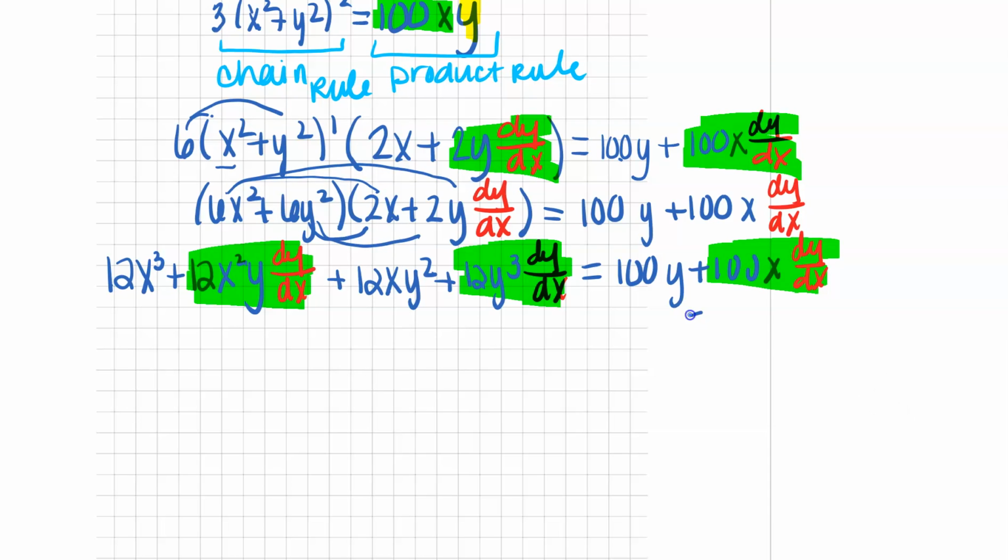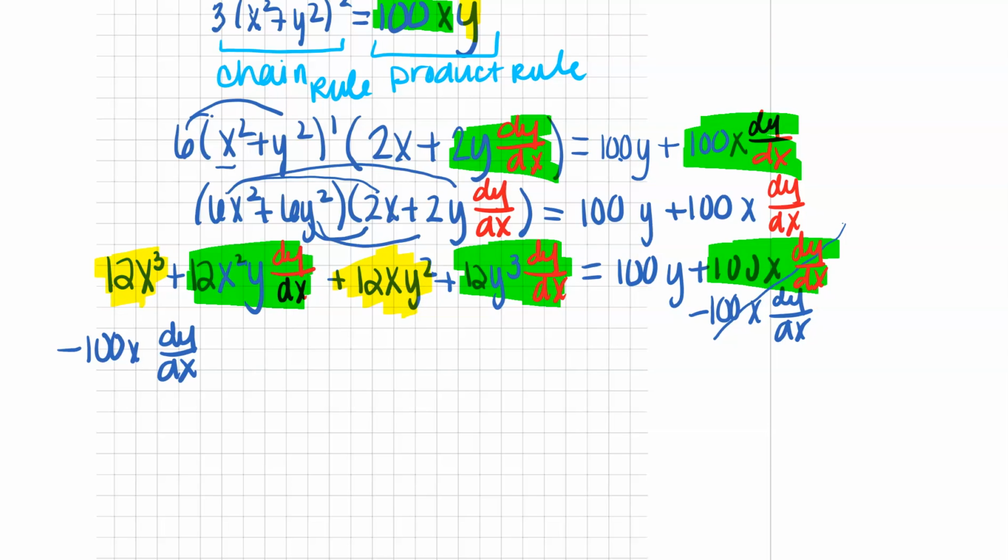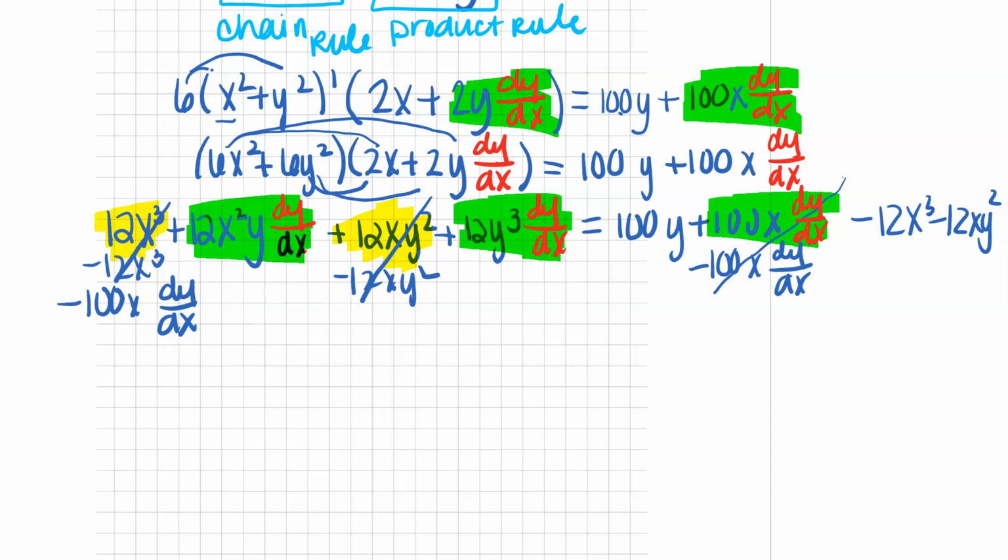I'm going to say minus 100x dy/dx, just bring it over here to the side. Then I need to move the things that are not dy/dx over to the other side. So that means this piece needs to move to the right and this piece needs to move to the right. So minus 12x cubed minus 12xy squared, but whatever I do to one side I have to do to the other, so minus 12x cubed minus 12xy squared. Ooh, that's a mess. Let's see what we got going on here.